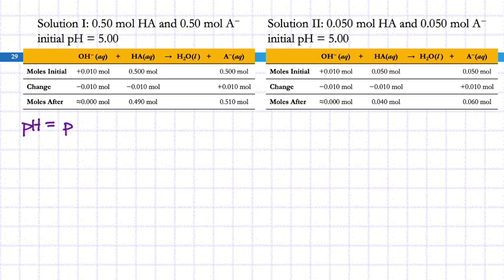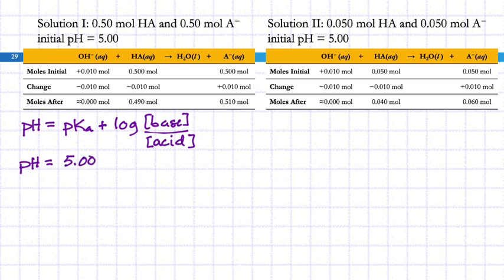which is pH is pKa plus the log of the base over the acid. So pH here will be the pKa. This is the same buffer, so the pKa is still 5.